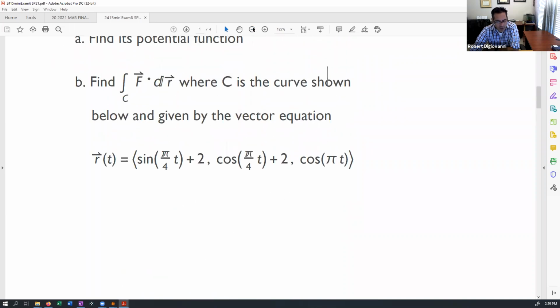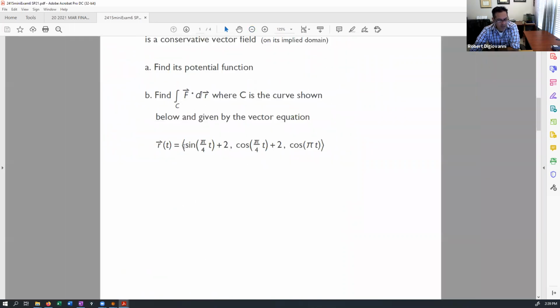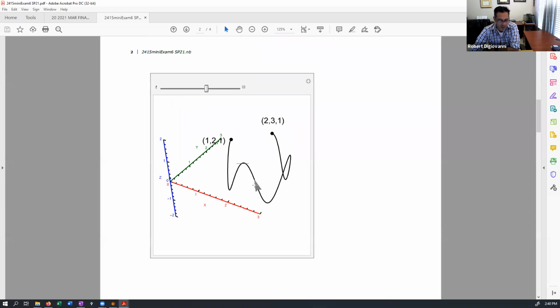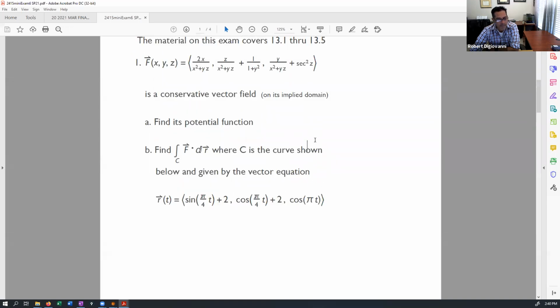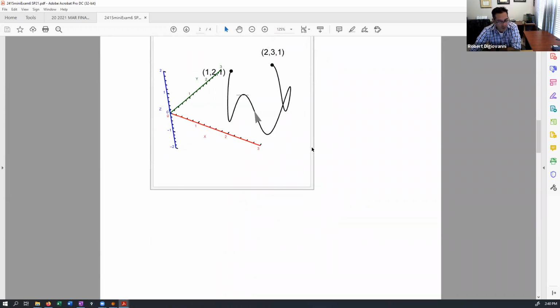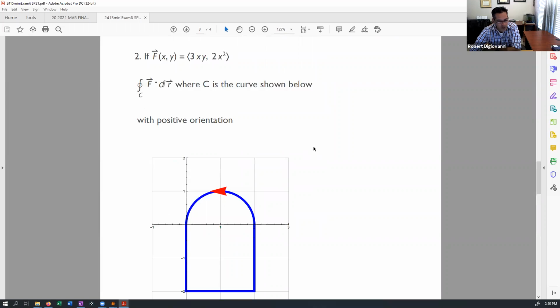I draw its picture right here and show you the direction of the curve. It starts here, comes like this, and ends right there. In theory, you should be able to do number one now. Number two, we're not ready for.